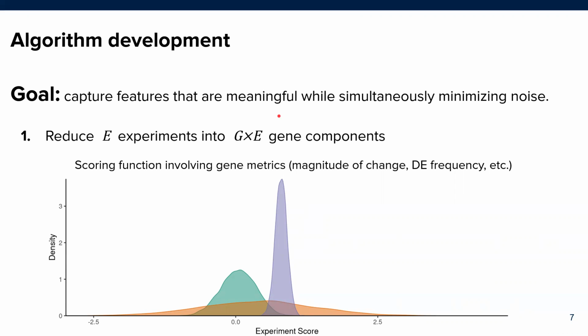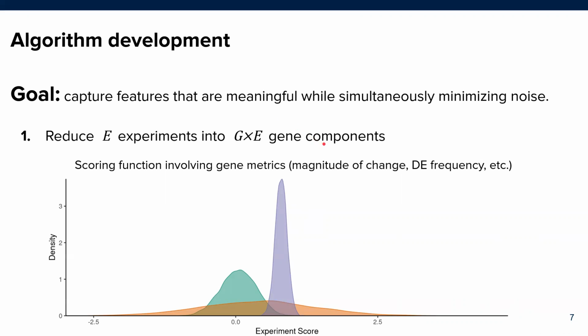The first is to reduce the search space, or to reduce the experiments into these so-called gene components. Previous work in this area has used gene signatures as a binary process, where a gene is either differentially expressed or it's not. But we find that this is too low resolution a view of the problem.